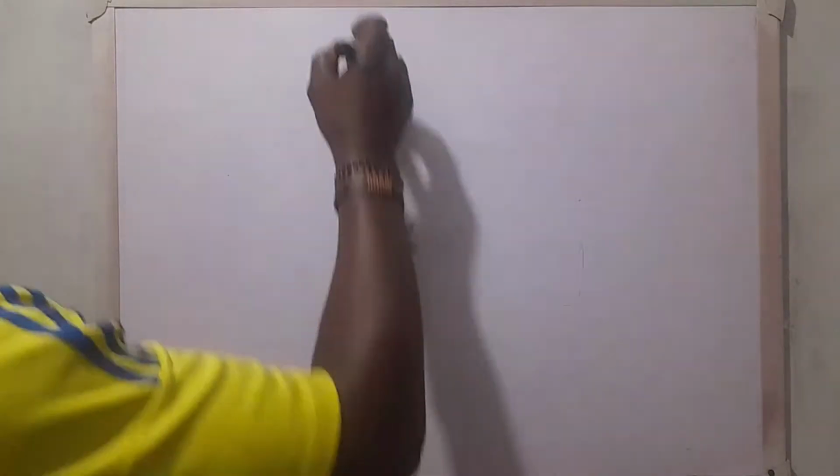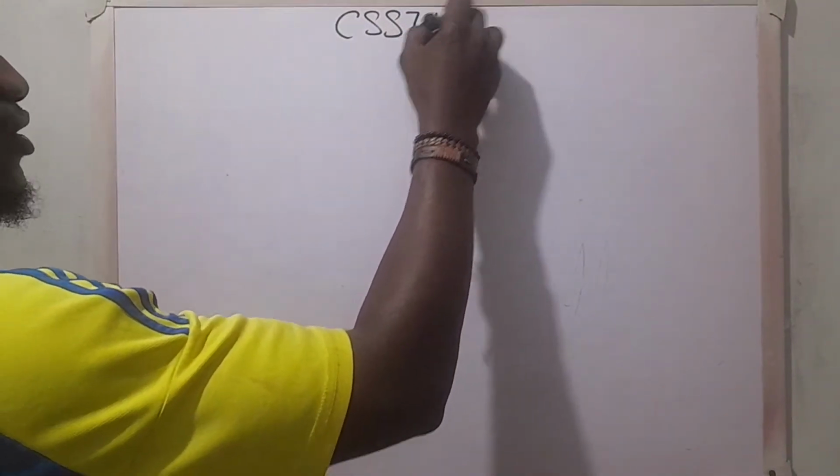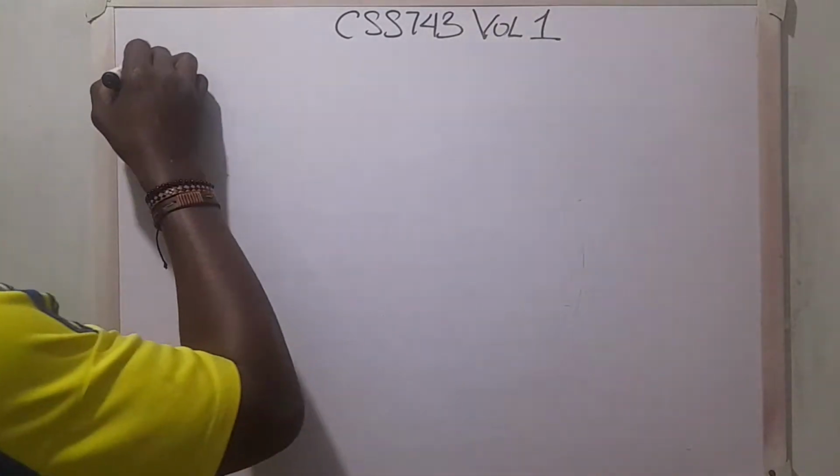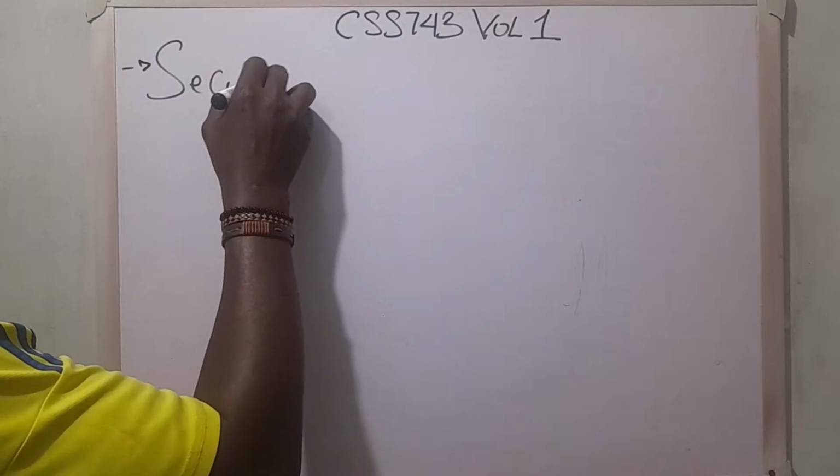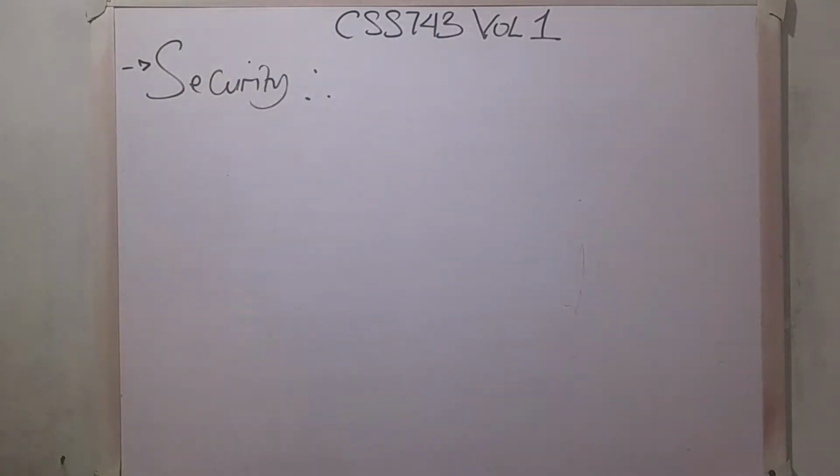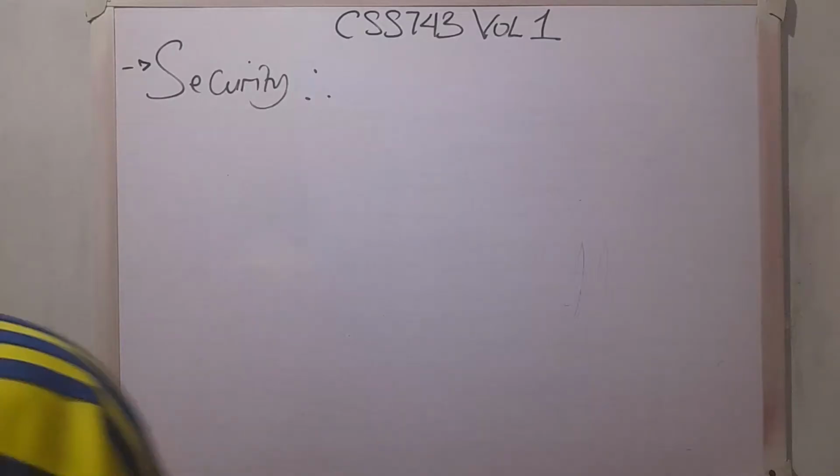Now, according to the thumbnail, the course code is CSS 743, our first class. So for the one, security, we are considering the concept of security.